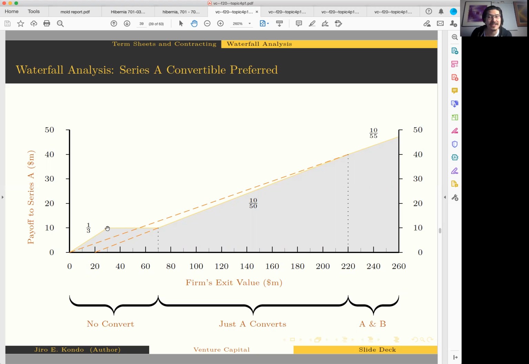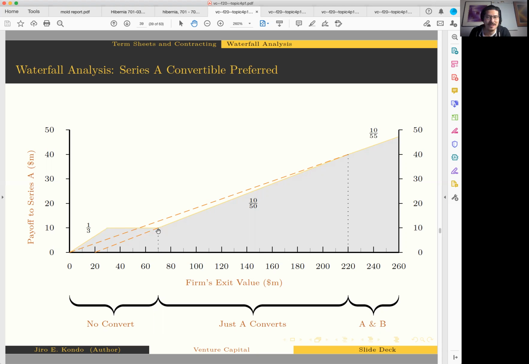Now, what happens once you hit 30 million? Series A has plateaued, correct? So they stick to their liquidation preference, but they're not converting. When do they start to convert?